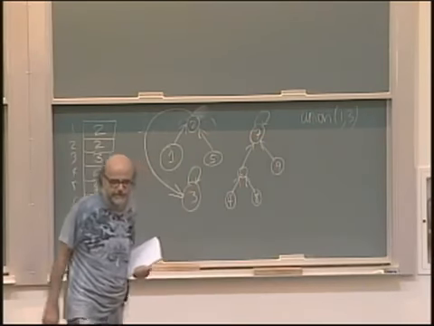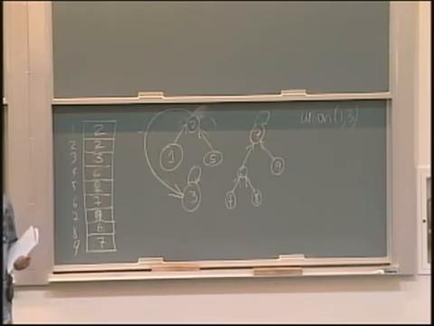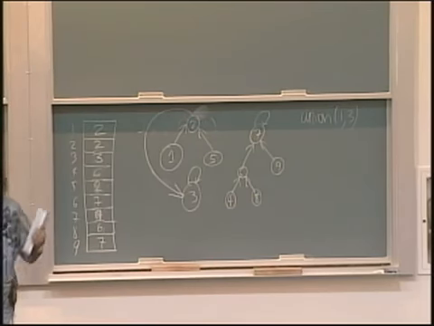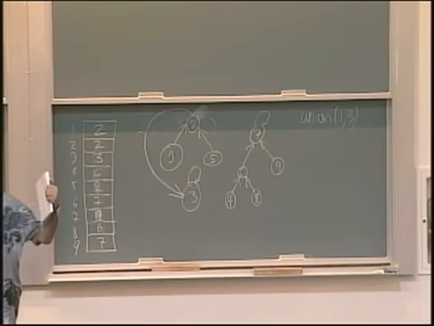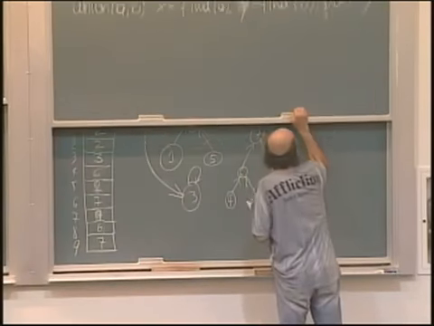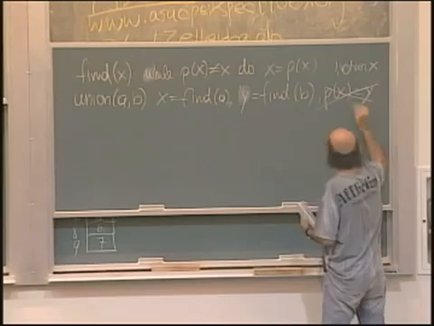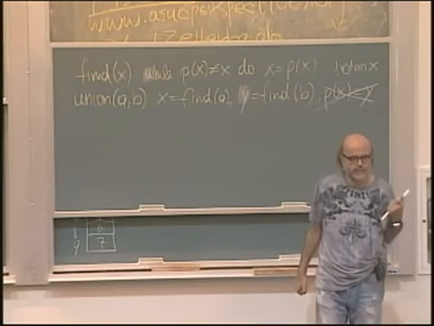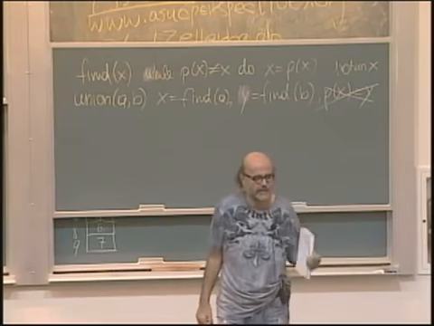I should do it the other way around, because this way I'm going to keep the depth as little as possible. So I have to insert a little code here, which is depth conscious, which remembers the depths of the tree.